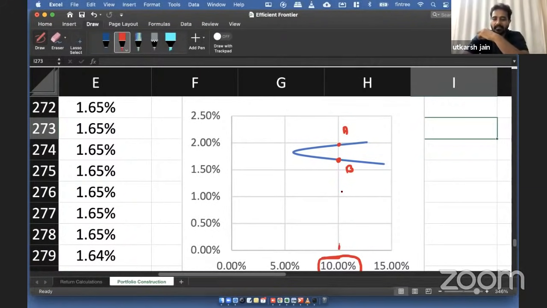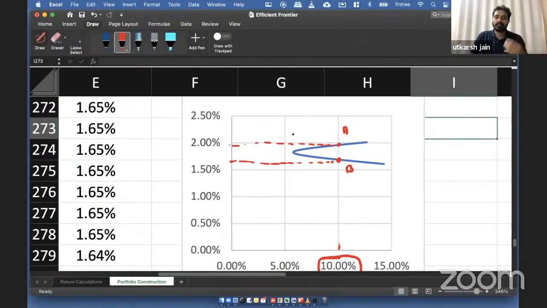Of course, you would be out of your mind to recommend B, right? B is stupid. Why is B stupid? Because A and B, if you can see, both of them have more or less the same level of risk. They have the same level of risk, but B offers you a return on the y-axis of roughly about 1.5 or 1.6, whereas A offers you almost 2%, right?